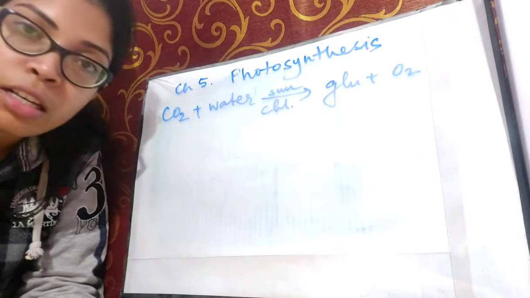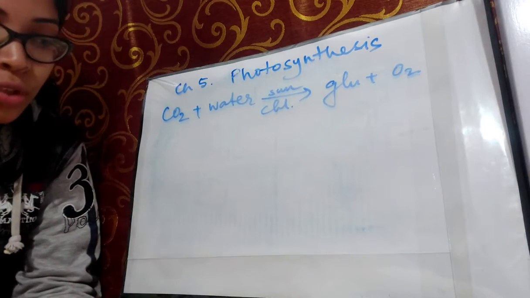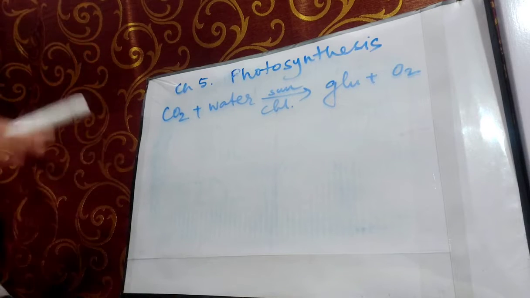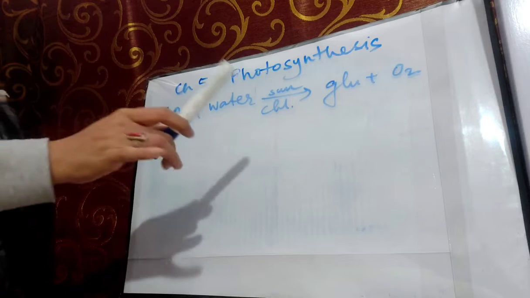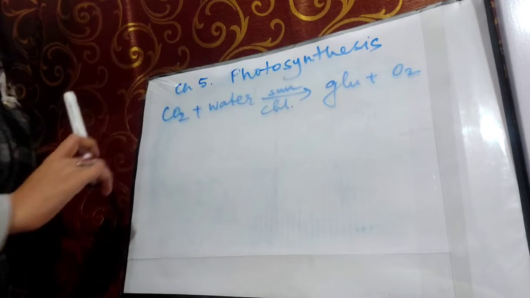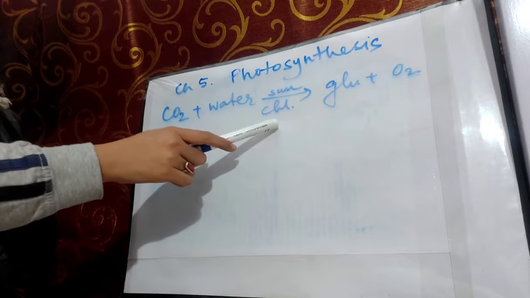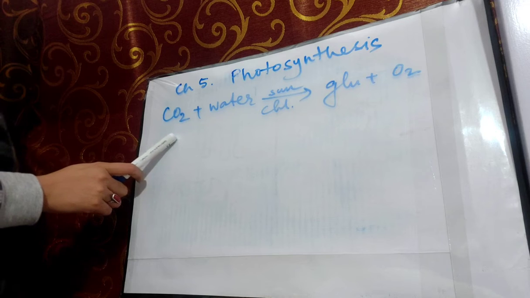Okay, so these 4 are the raw materials required for the process of photosynthesis, and without any of them the process of photosynthesis will not take place properly. Like suppose that sunlight is not there properly, it is a very cloudy day, and all other raw materials like chlorophyll are obviously present, water is enough, carbon dioxide is also present in the atmosphere.